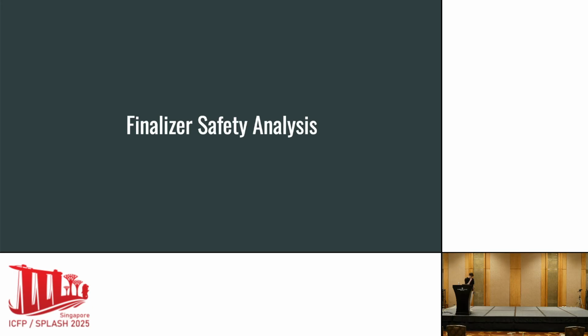And we did this using something called finalizer safety analysis. Essentially, this is a static analysis pass that we added to the Rust compiler that looks at the control flow graph of the intermediate language.